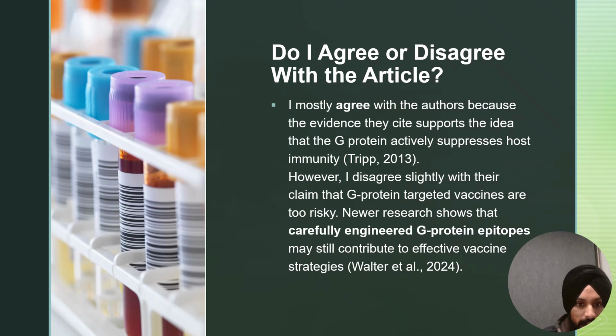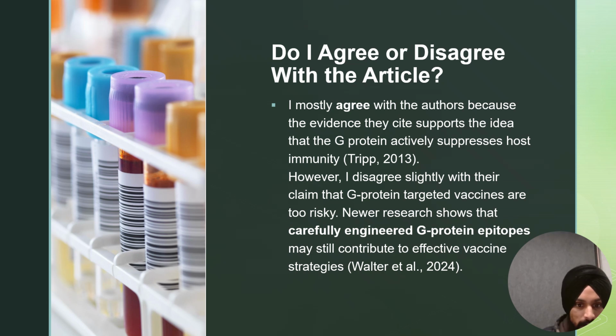Slide 13, agree or disagree. I mostly agree with the author. The claims about the G protein are well supported by evidence and match what we know from other studies. The idea that the G protein manipulates the immune system is consistent with a lot of current research, but I don't fully agree with how strongly the author cautions against using the G protein in vaccines.